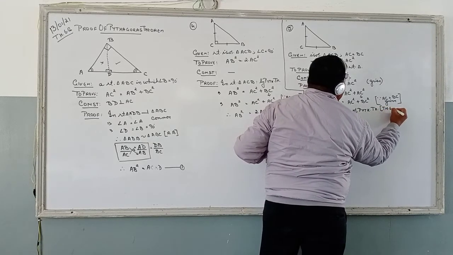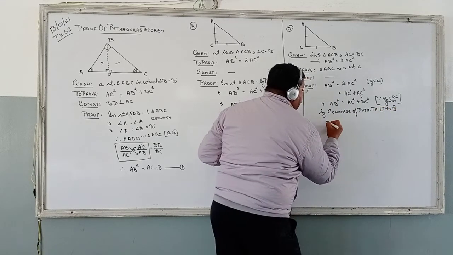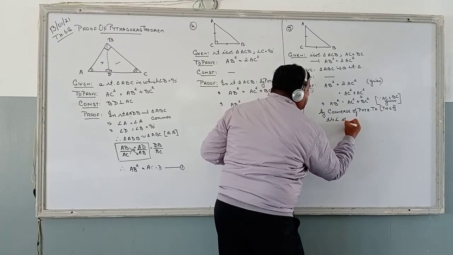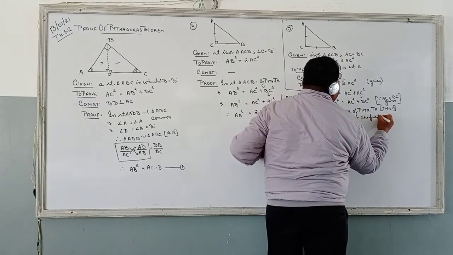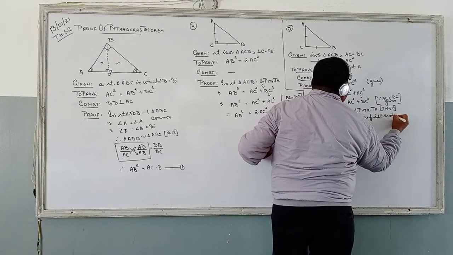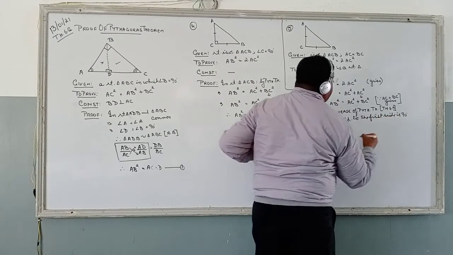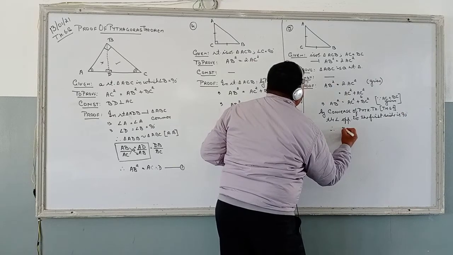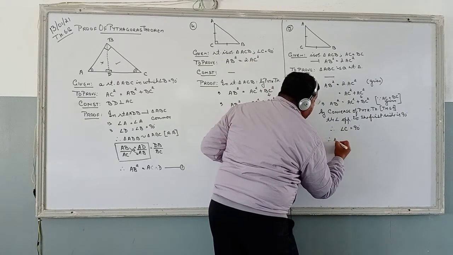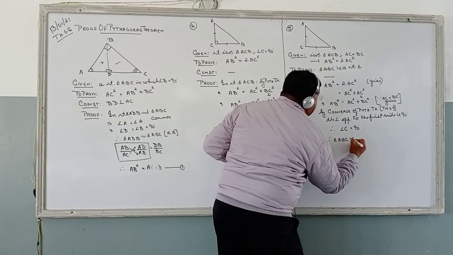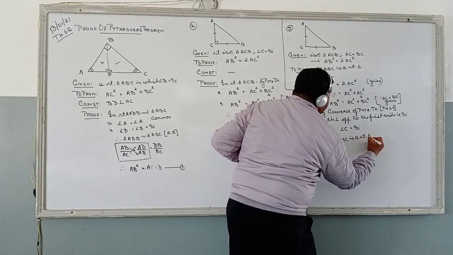Theorem number 6.9. The angle opposite to the first side is 90 degrees. Therefore, angle C is equal to 90 degrees. So therefore, triangle ABC is a right triangle.